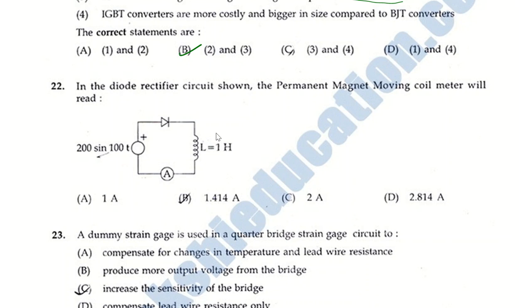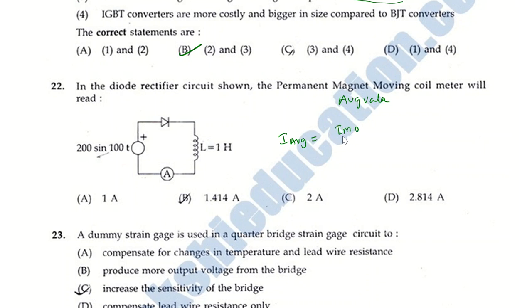Now, what is the current read by this PMMC? The PMMC coil will always read the average value. The formula for the average value in this inductor circuit is I average equal to I maximum by 2.